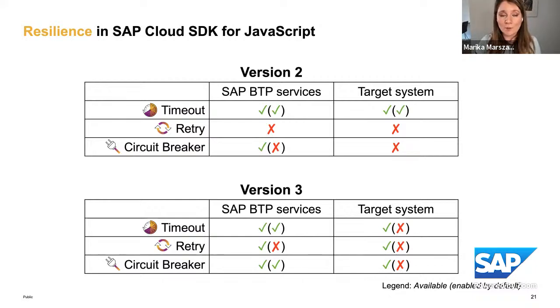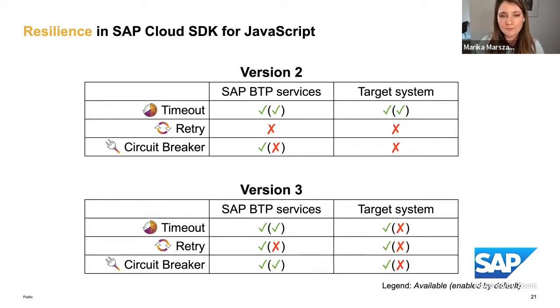So the timeout was available in version 2 already, and it was enabled by default for SAP BTP services as well as for target systems. We changed this in version 3, so it is available for both target systems and BTP services, and we enable it by default for BTP services, but we do not enable it for target systems.